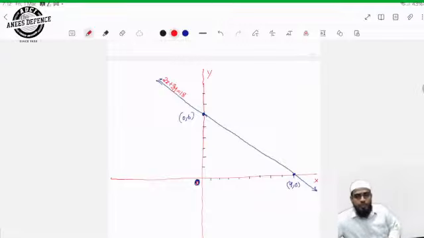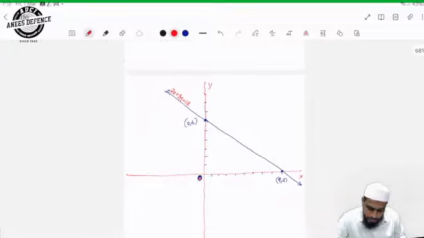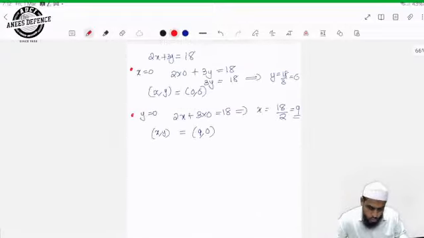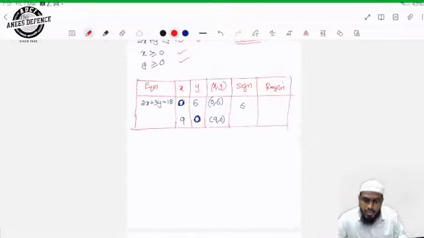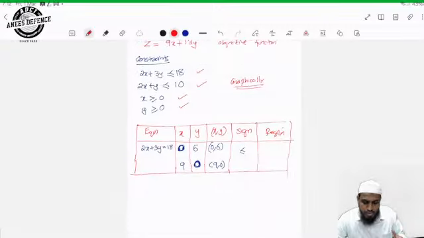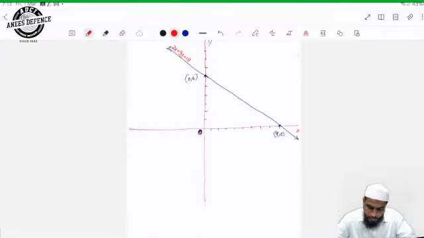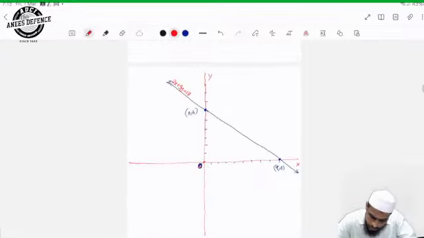Now you have to consider the sign. What is the sign? 2x plus 3y is less than or equal to 18. Here you can see this is our origin.